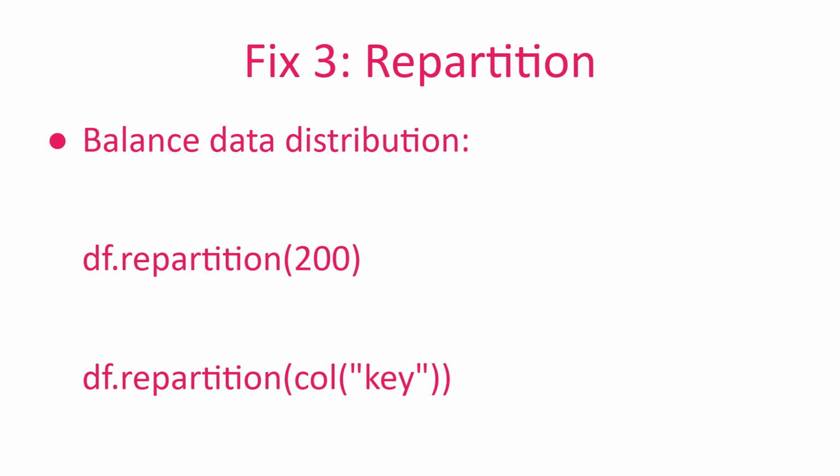We write df2 = df.repartition(200), which will create 200 partitions. We can also do it by df.repartition(column keys). It fixes skew and breaks a huge single partition into multiple partitions.